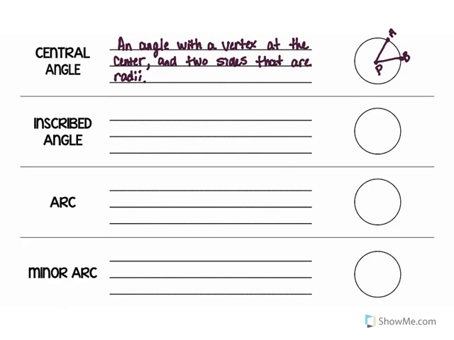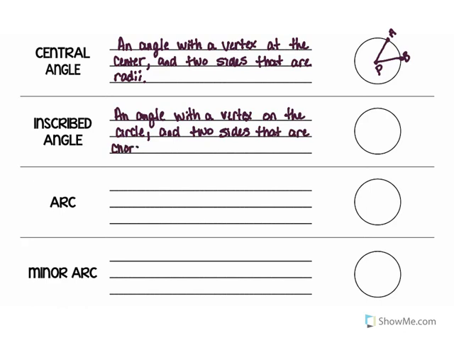An inscribed angle is an angle with a vertex on the circle and two sides that are chords. So remember, a chord doesn't have to go through a center or anything like that.